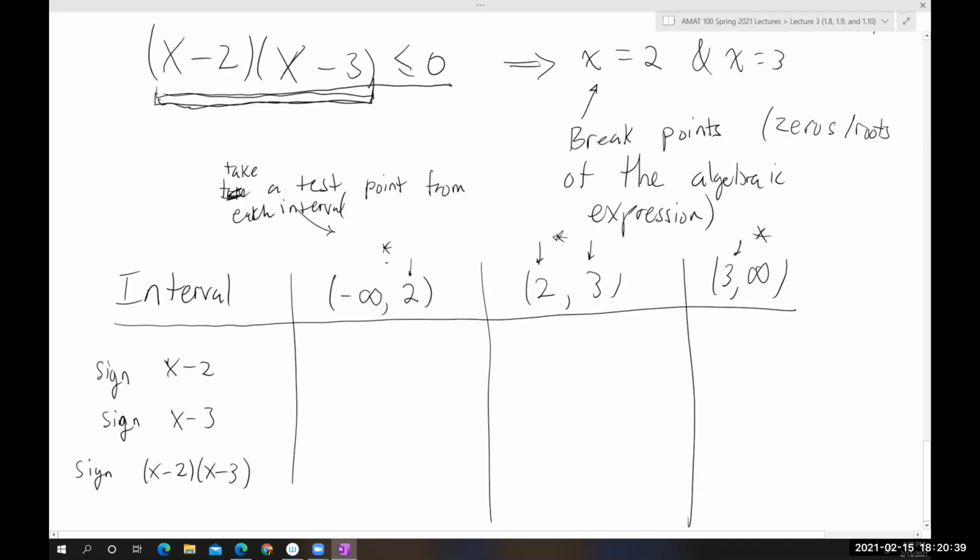When x is, say, 0, that's certainly in this interval. So we'll take our test value of x is 0. When x is 0, this factor right here is -2. So the sign of this on that interval is negative.